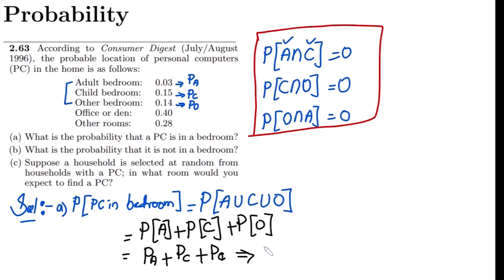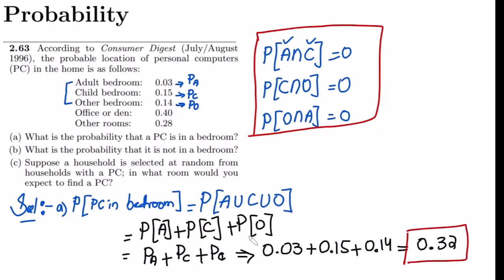I will get here 0.03 plus 0.15 plus 0.14. Adding them, I will get 0.15 plus 0.14, that is 0.29, and 0.03, that would be 0.32. Okay, so that is the answer of part A.